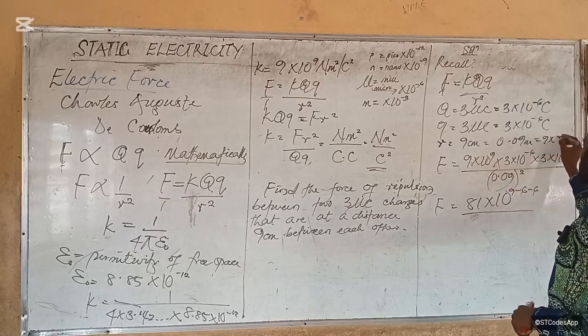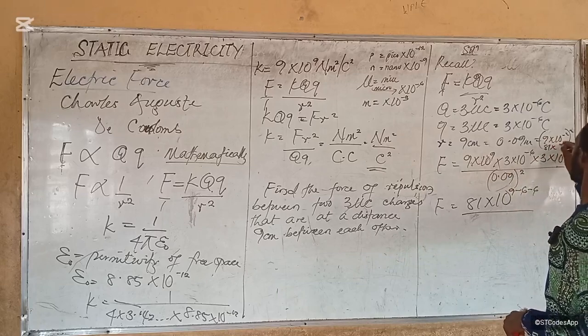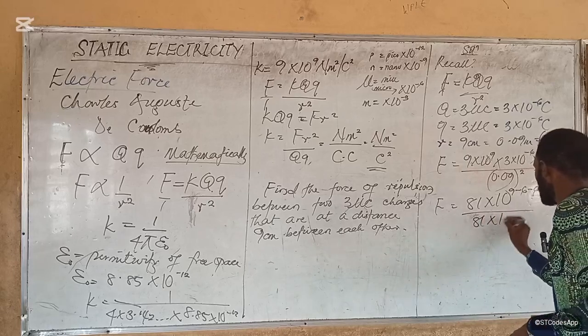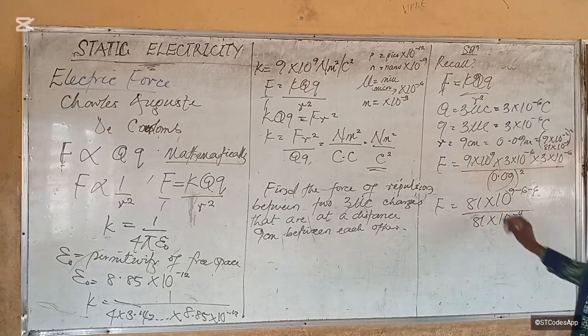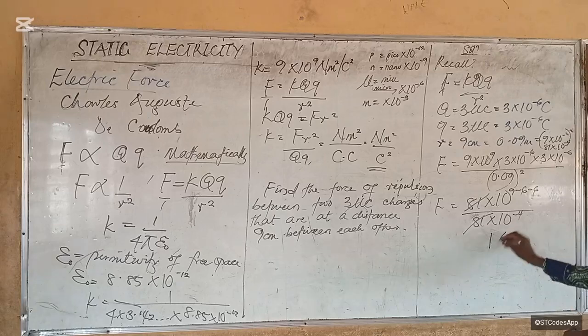This means 9 times 10 raised to the power minus 2. If I square this, it will be 81 times 10 raised to the power minus 4. Does that make sense? So at here, we just cut this and we have 1, times 10 raised to the power 9 minus 6 is minus 12.